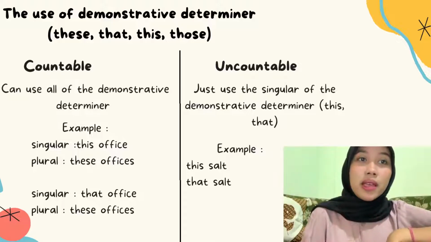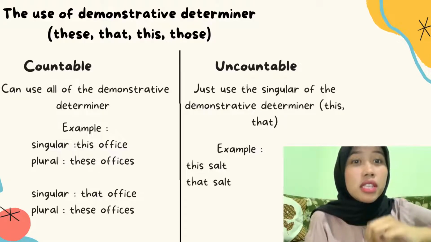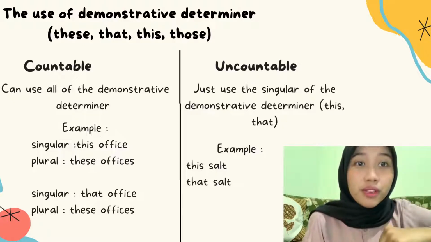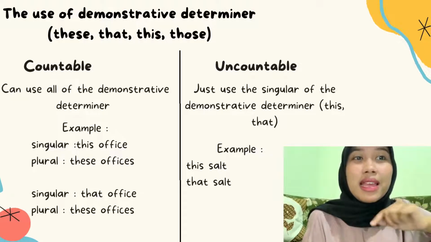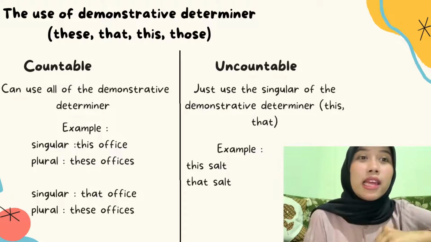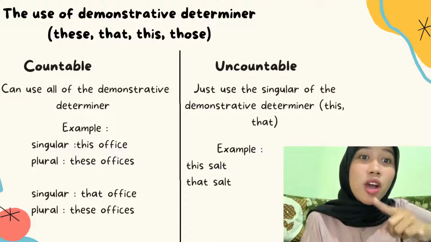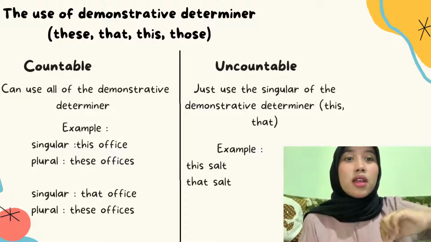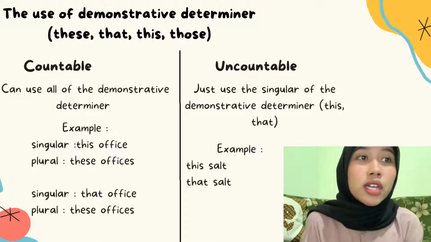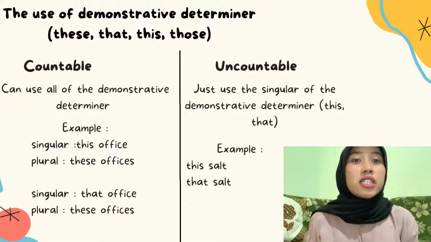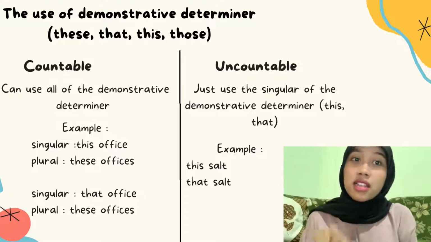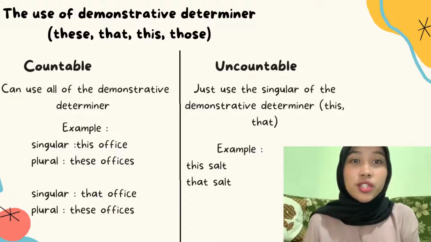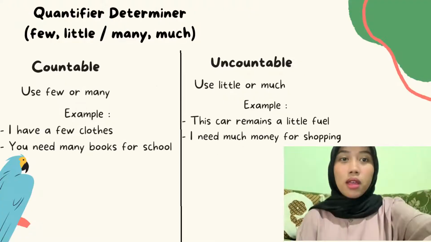And the example is, for countable, in singular we say this office, but in plural we say these offices. And then for singular we say that office, but in plural we say those offices. But for uncountable noun, the examples are just this salt, that salt, this sugar, that sugar, just like that.